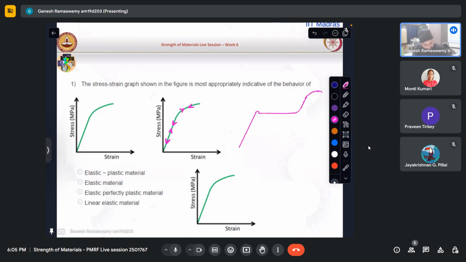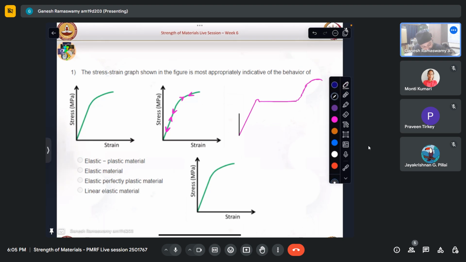So often what happens is, let us say this is the origin. What treatment generally does is we will load it to this point, so much so that once we unload it, it will follow that path. And the origin or the stress-free point will get shifted there with some permanent plastic deformation. Now, if we were to take this material afresh, we can see that it follows the initial curve that we are seeing, elastic plastic behavior.